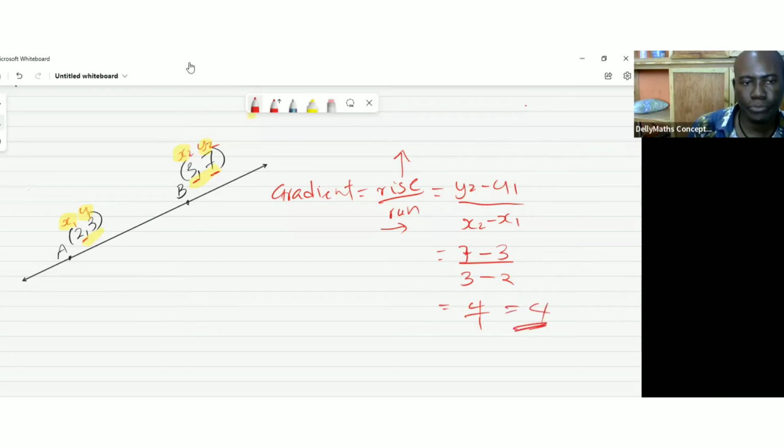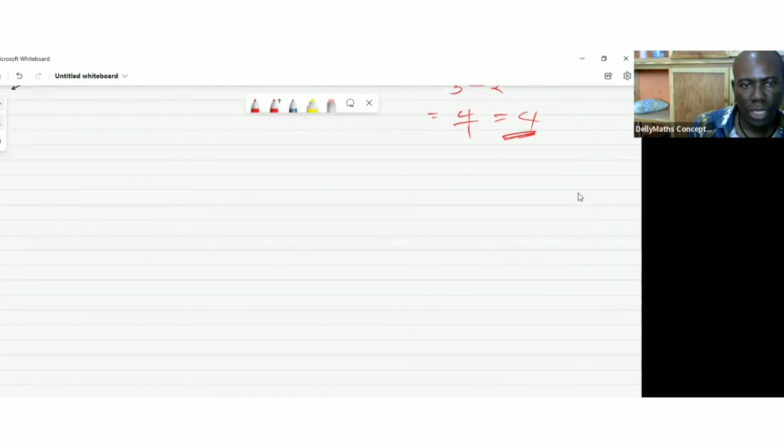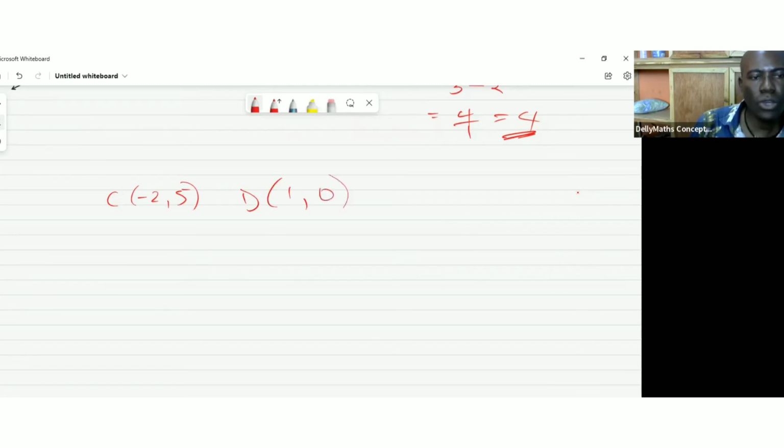All right, let's quickly look at another one. Let us say that we have 2 points: C, which is -2, 5, and D, which is 1, 0. So these are 2 points, all right?